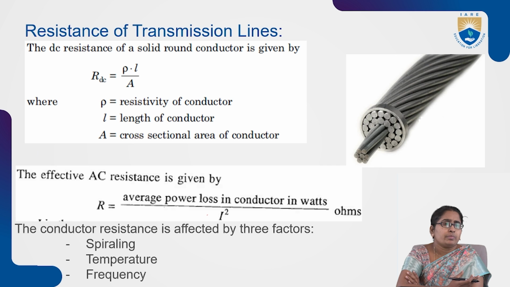Spiraling means the conductor is in the form of a coil, so that factor also affects the resistance, that is, the number of turns when the conductor is in the form of a coil. So spiraling, temperature, and frequency are the three things which affect the resistance.